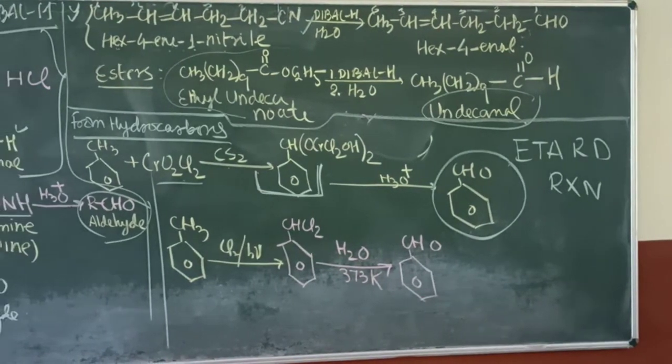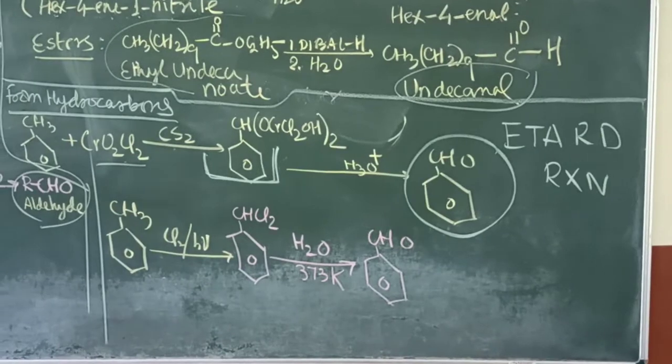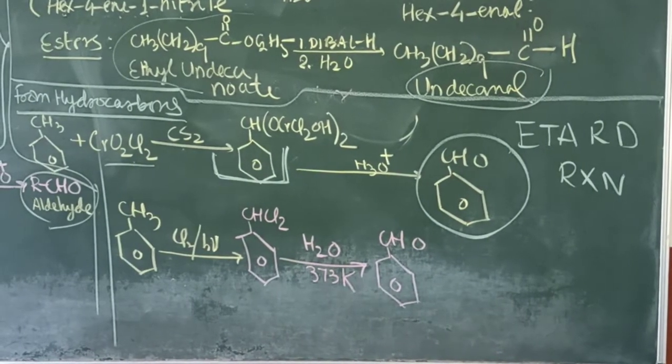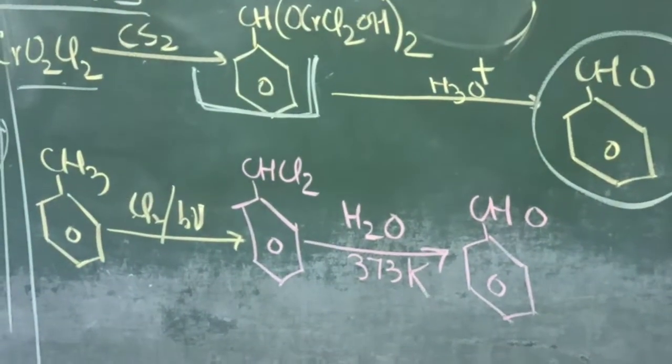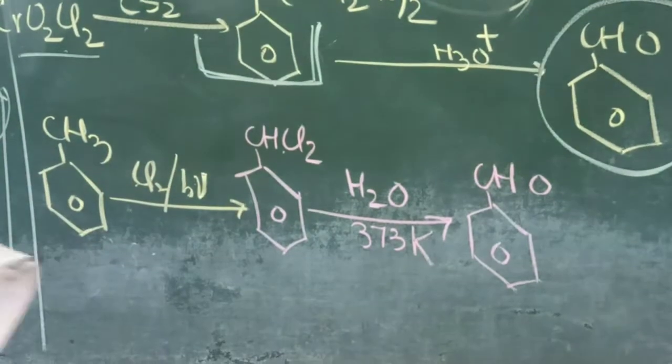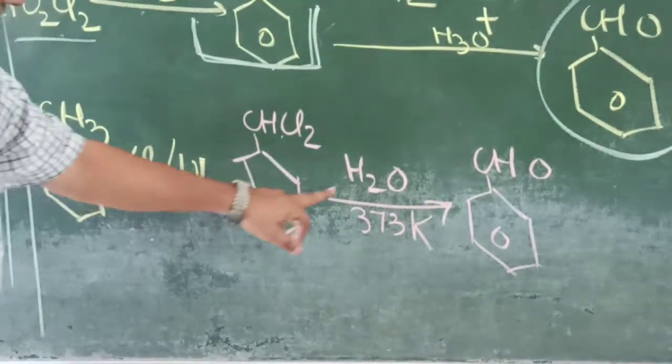Now coming to the side chain chlorination followed by hydrolysis. We take here toluene, Cl2, heat or light. This is CHCl2. The name is benzal chloride. This is benzal chloride with water.